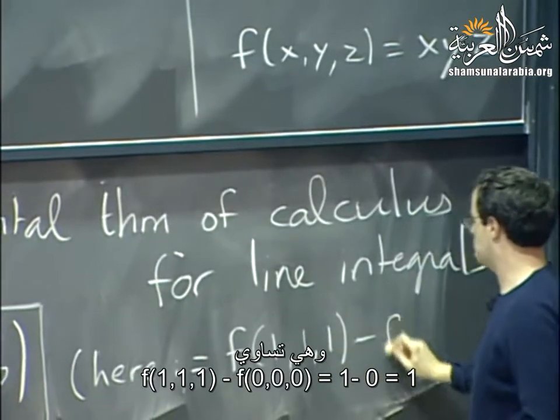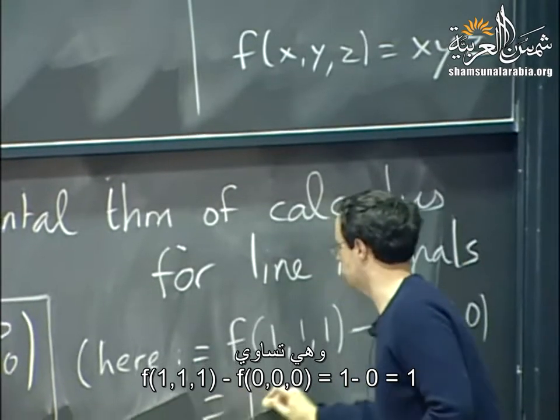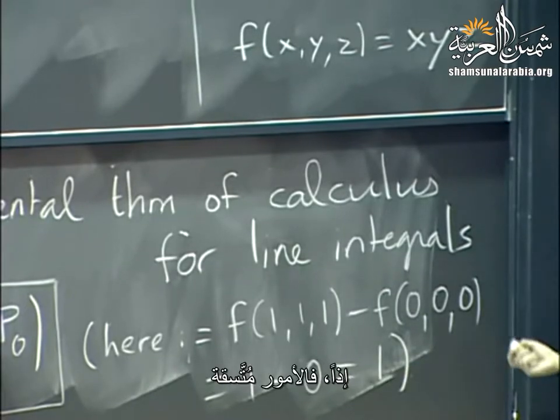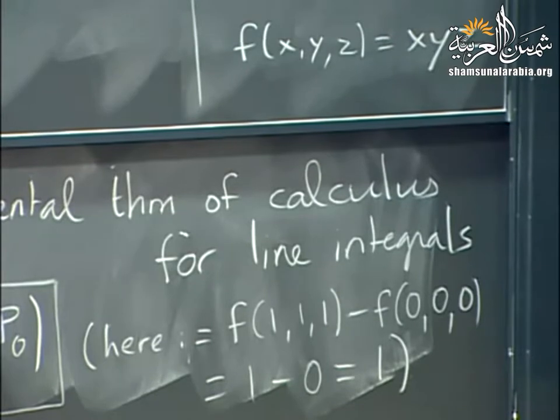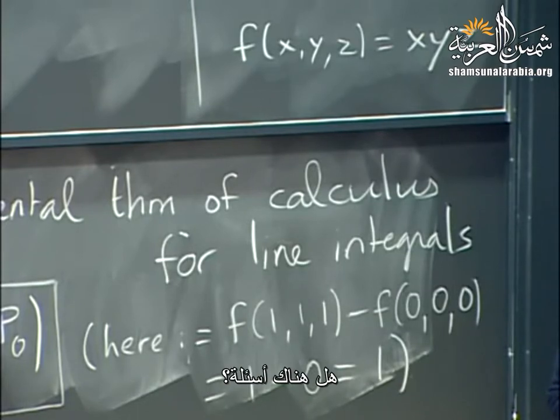Then we take f of (1, 1, 1) minus f of (0, 0, 0), and that indeed is 1 minus 0, which is 1. So everything is consistent. Okay, so all this stuff so far works exactly as in the plane. Any questions?